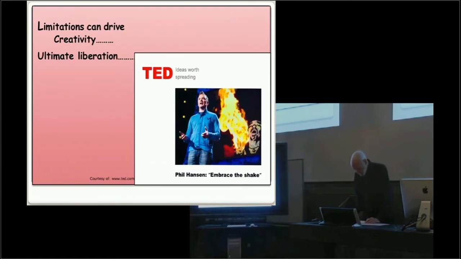For example, a recent TED lecture by a gentleman named Phil Hansen, a young artist with, unfortunately, a debilitating shake in his right hand, right arm. And this program you can find on TED, if you haven't looked up TED Talks on your computer.